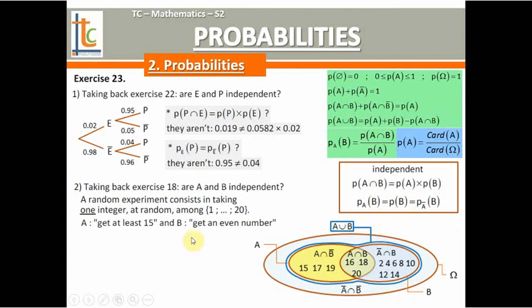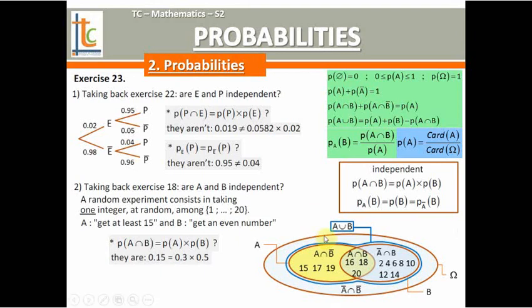So let's check first with this kind of formula in order to have a result. P of A inter B is 3 divided by 20. The result is 0.15 or 15%. P of A times P of B equals 6 on 20 times 10 on 20. And you can check that this is the same result. So yes, they are independent thanks to this result.